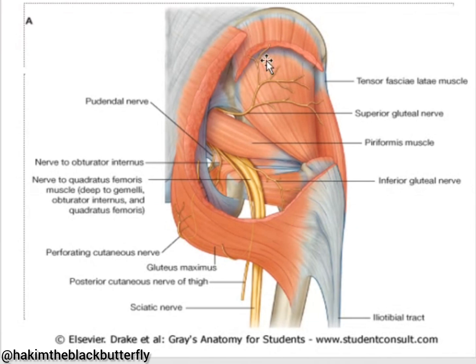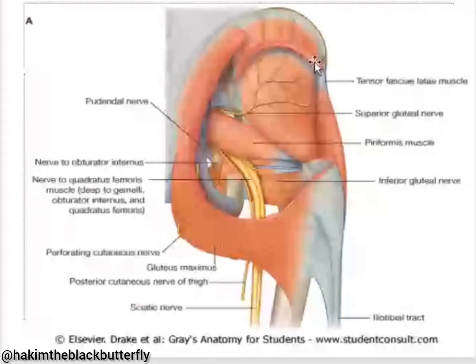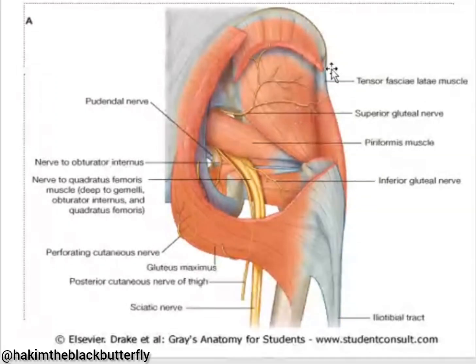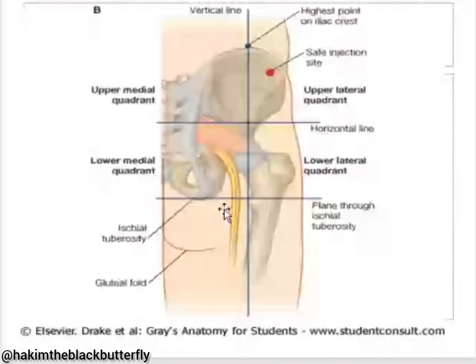These branches of the superior gluteal nerve are like threads. They are very small and they're difficult to injure. So that is why they say the upper outer quadrant is the safest region of the gluteal region, where you can administer intramuscular gluteal injections and avoid injuring the sciatic nerve, which is in the lower medial quadrant. This is something simple, and no one should forget it.